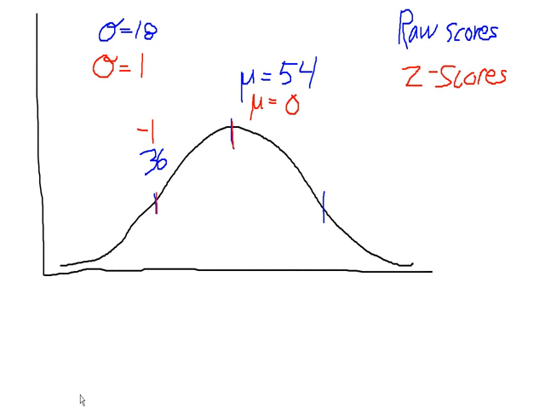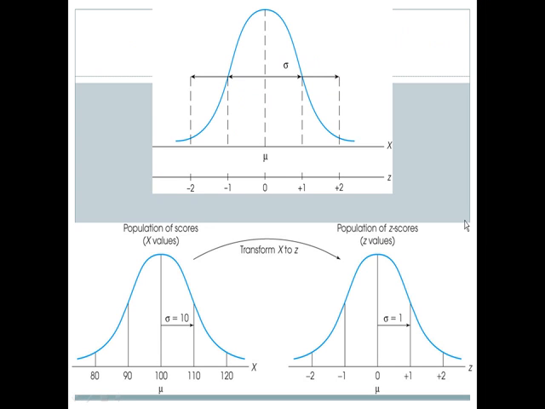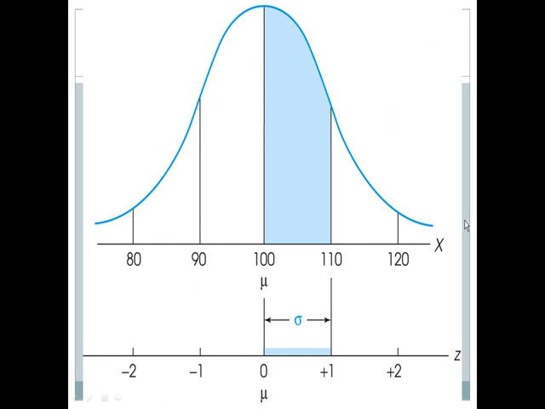So it's important for your homework questions, it's important for this chapter conceptually. Here's another illustration of this principle. So we have a distribution at the top of the slide in which the mean starts at 100. We have a standard deviation of 10.